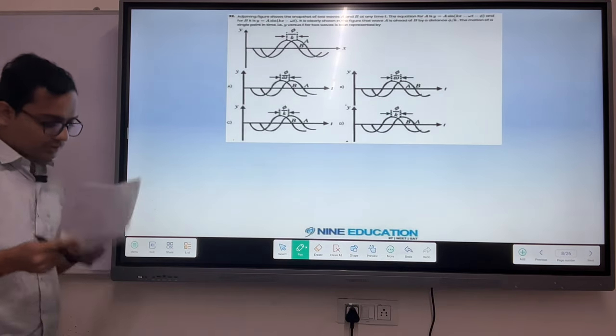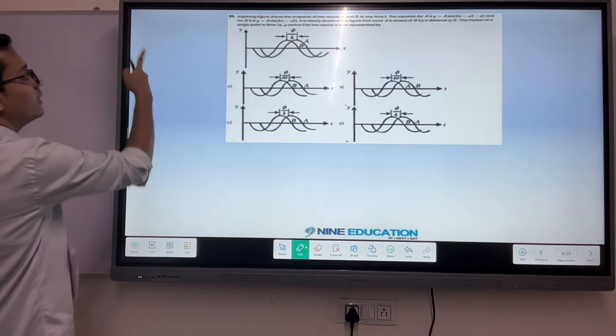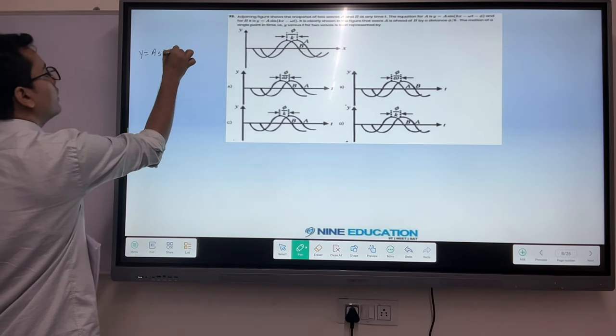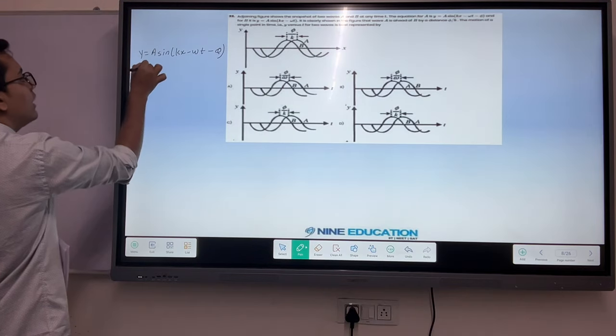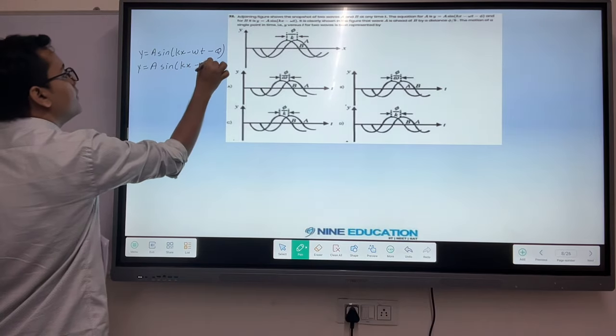Next one. So look at the diagram. They are saying y equal to a sin kx minus omega t minus phi, and y is equal to a sin kx minus omega t.